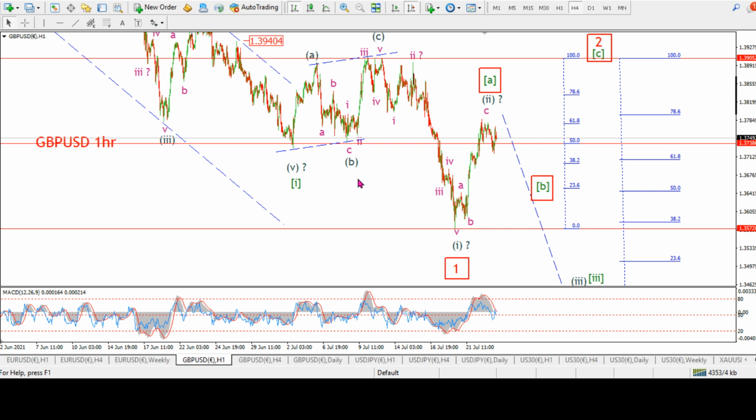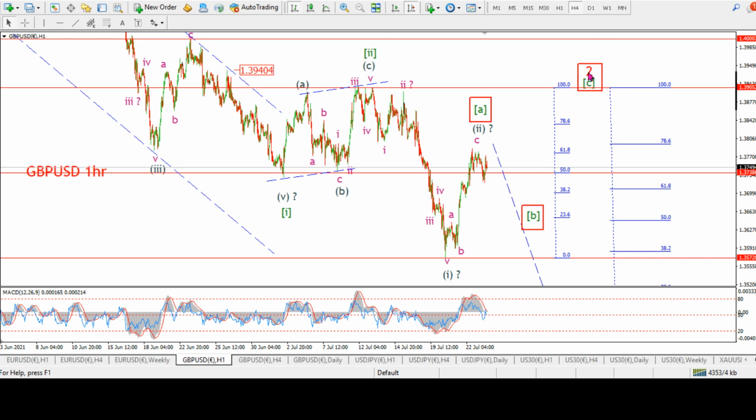I'm not ruling out this alternate count here at all. So we could see a larger 3-wave pattern higher in wave 2 to complete next week.